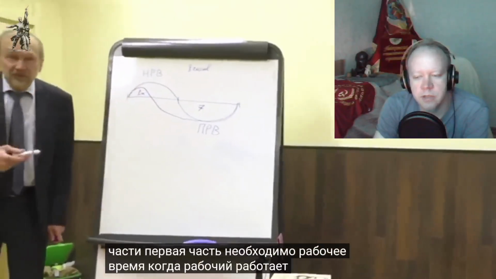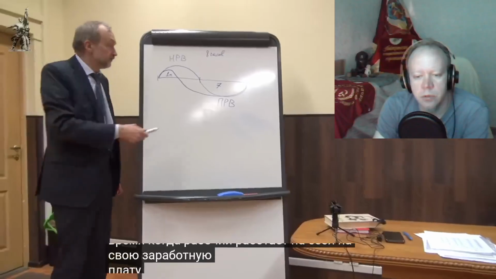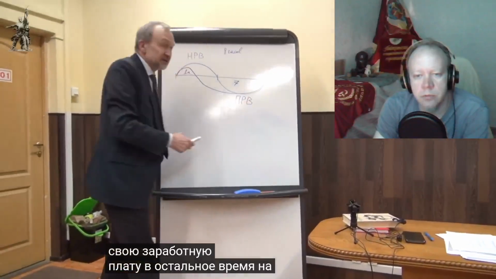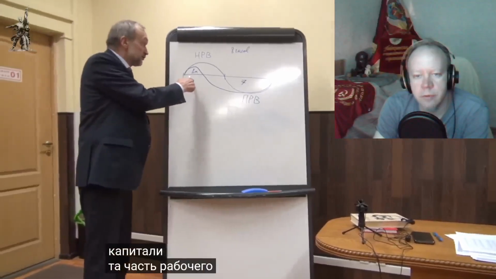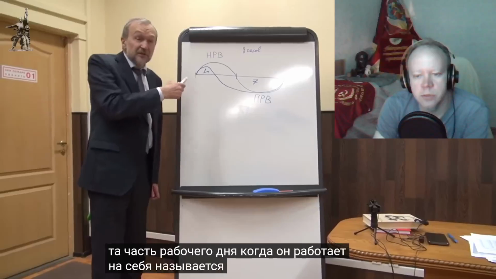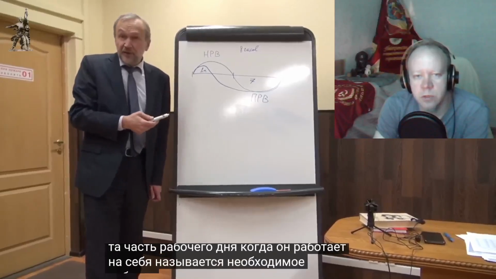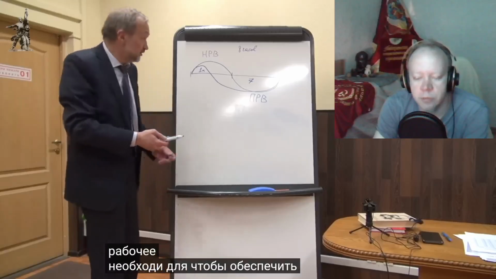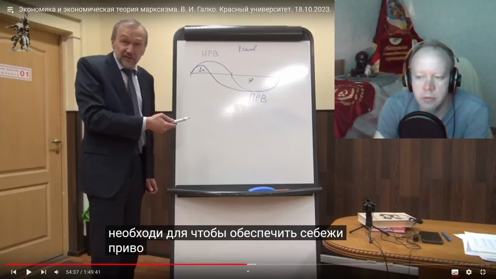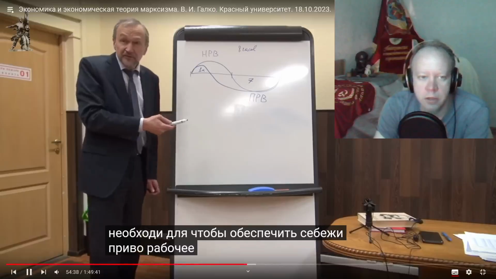First is the necessary working time, and the rest he works for the capitalist. This one's called the necessary work time, that is necessary for him to provide for life, for living.